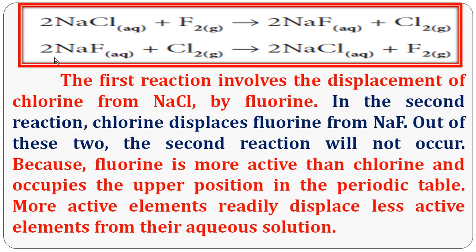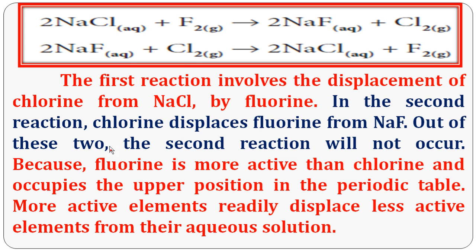The second reaction, NaF, sodium fluoride, reacts with chlorine to form sodium chloride and fluorine, but it is not possible because here fluorine is more reactive than chlorine. The first reaction involves the displacement of chlorine from NaCl by fluorine. The second reaction, chlorine displaces fluorine from NaF.